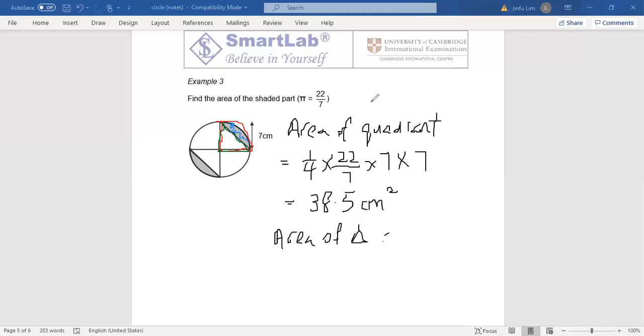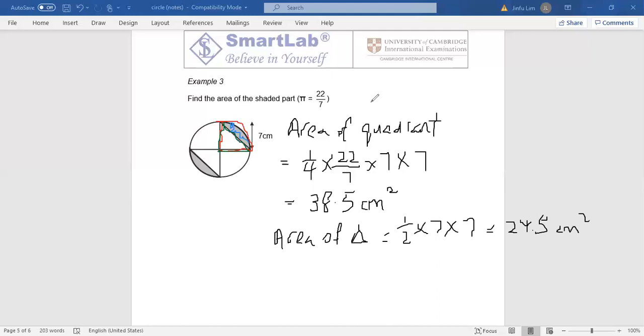So the area of this triangle, which is colored in green, the base and height happen to be the same. So we take half times base, 7, times the height. We get 24.5 cm squared.